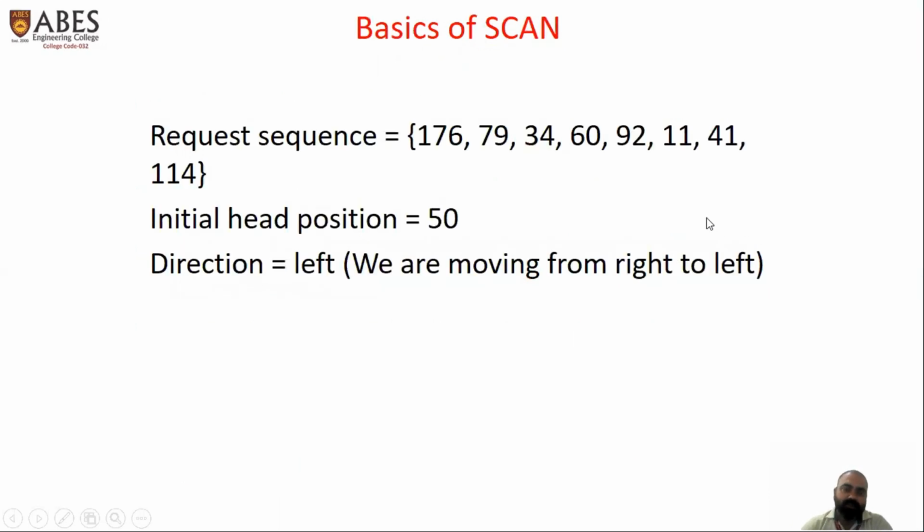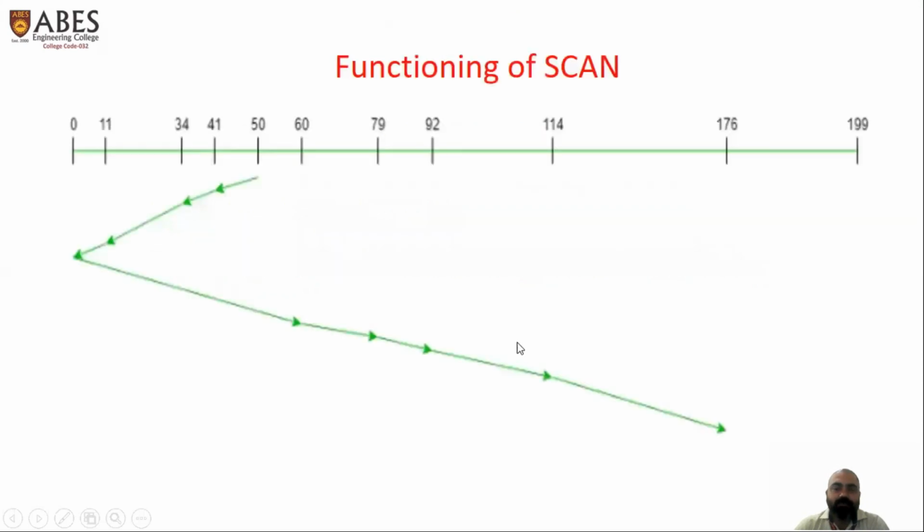For better understanding, we take a sequence like 176, 79, 34, 60, 92, 11, 41, and 114. The current head position is at 50, and the direction we choose for moving the head is left. So this is the functioning of the SCAN disk scheduling algorithm.